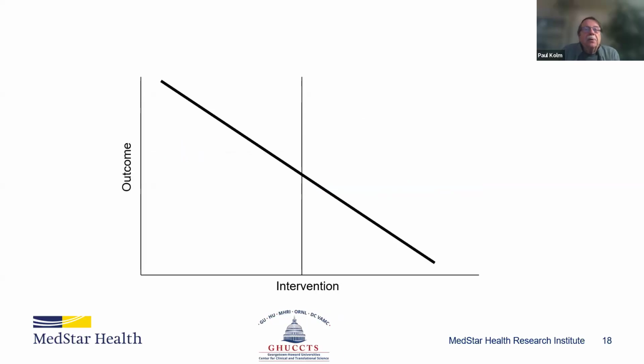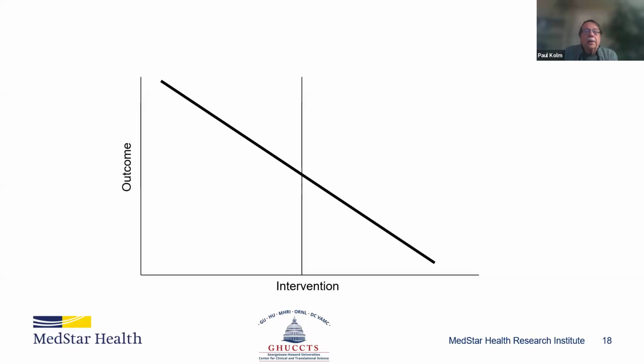Here's a graph where our conclusion would be obvious. We would say that in this case, there's no effect of the intervention, because whatever our outcome is, it is decreasing at a constant rate before the intervention, and after the intervention, it's decreasing at the same rate.